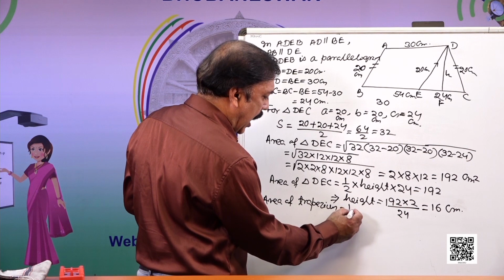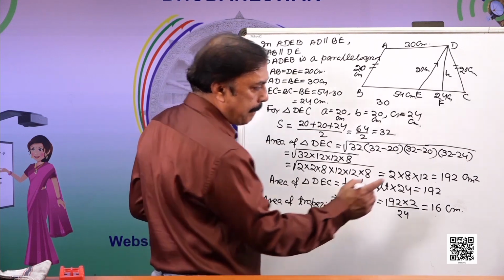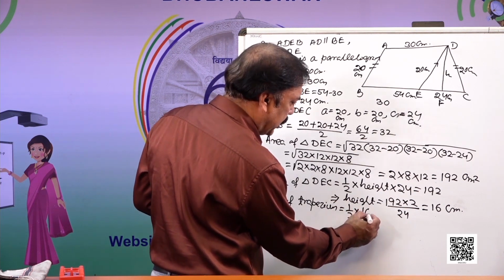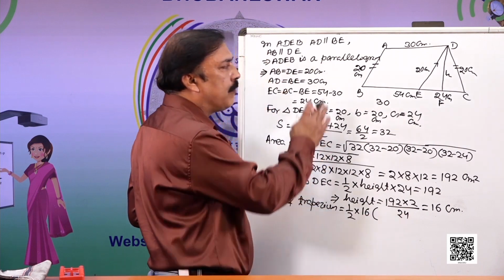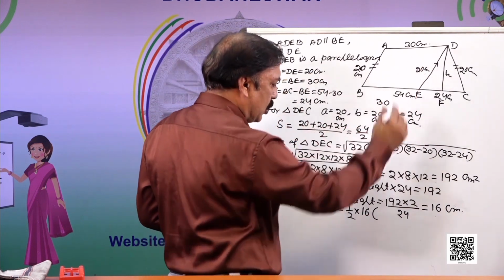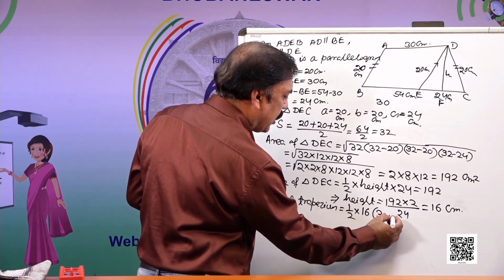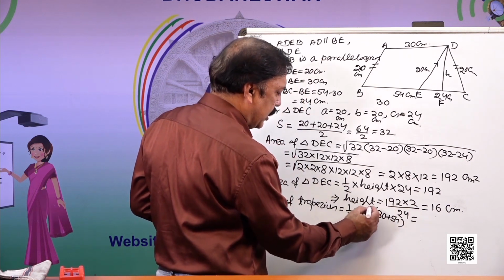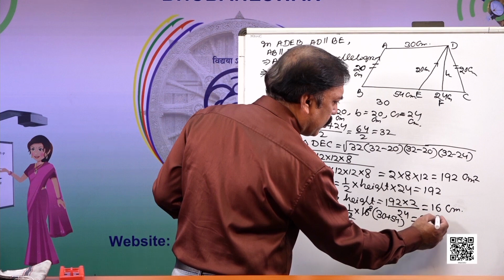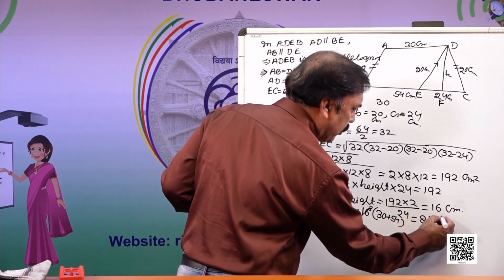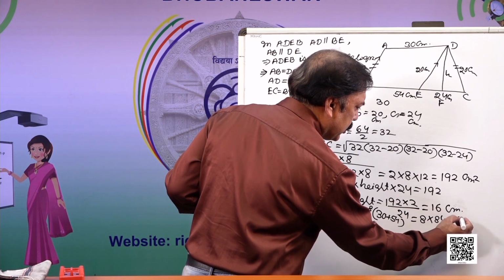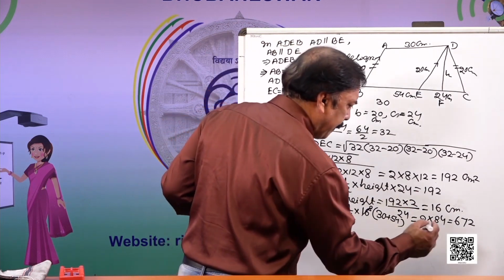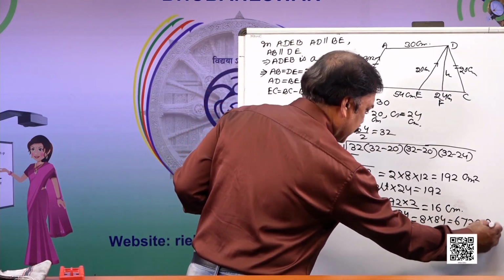It is equal to half into height, that is 16, into sum of the parallel sides, and sum of the parallel sides we can write 30 plus 54, that is equal to, this gives 8, so 8 into 84 is equal to 672 centimeter square.